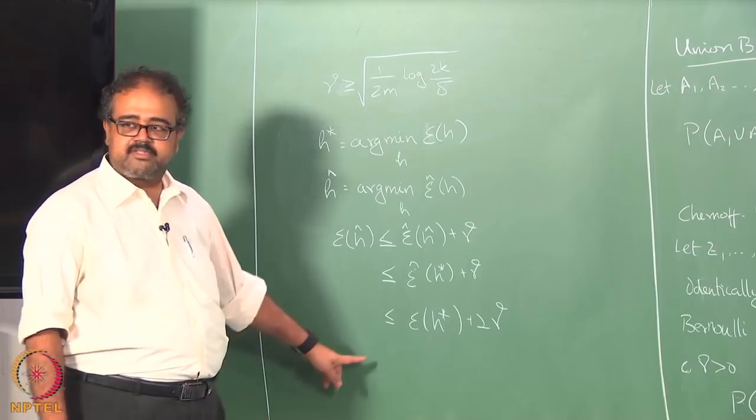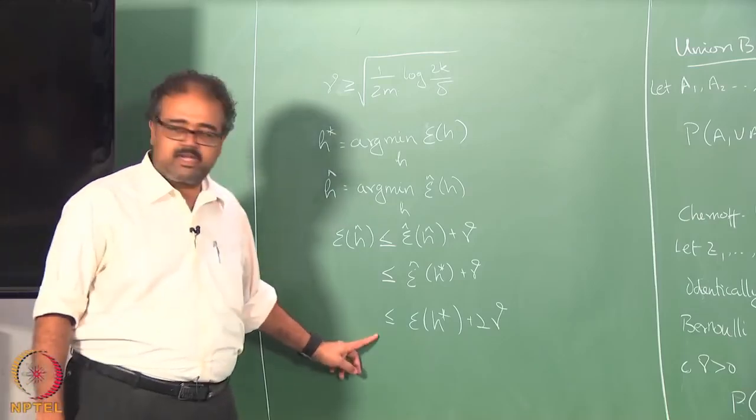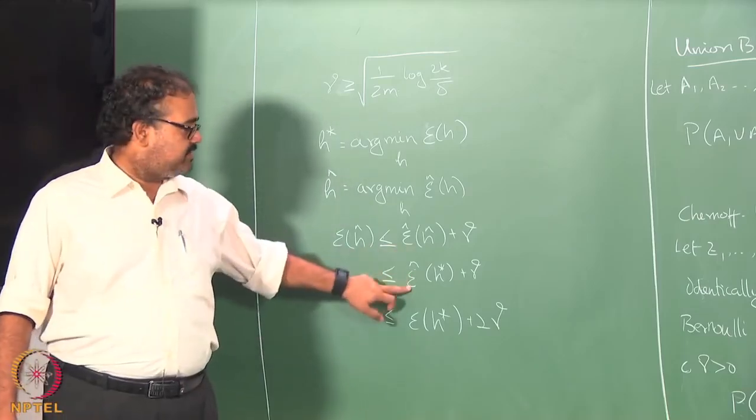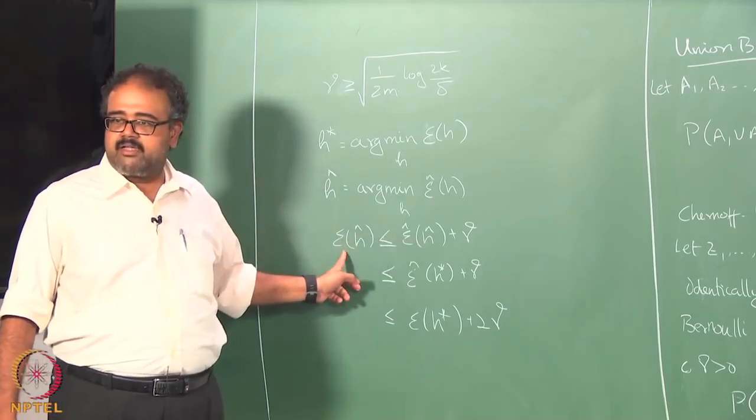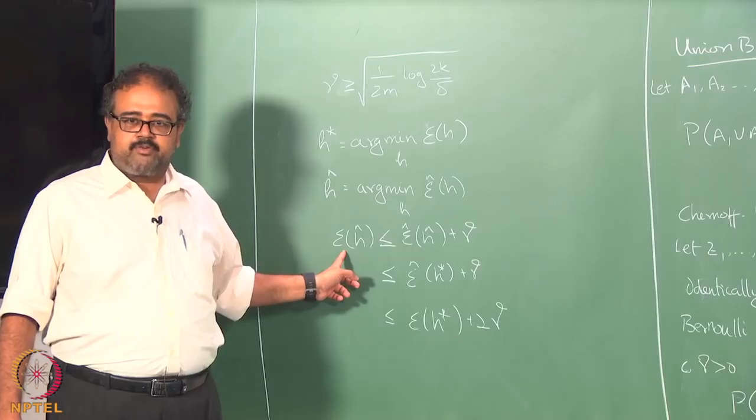Does it make sense? What I have done here is I went from here to here. How did I write this gamma? Because of uniform convergence.